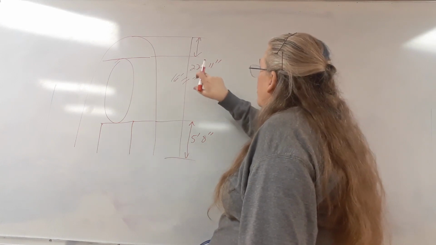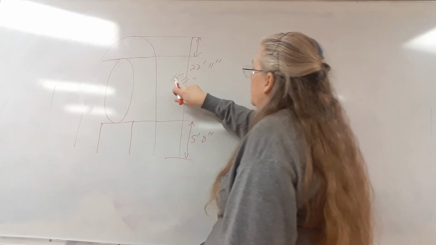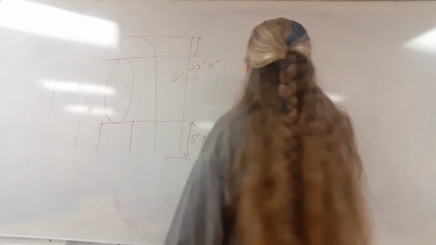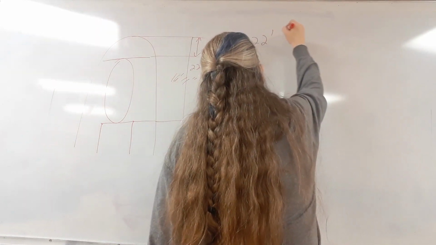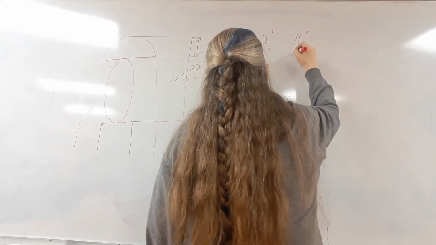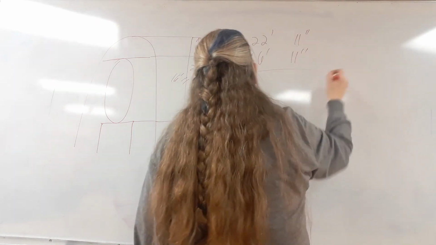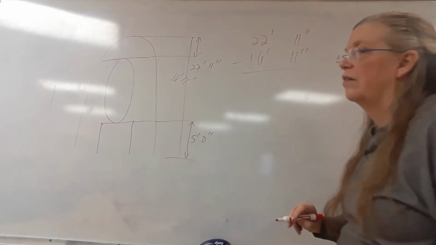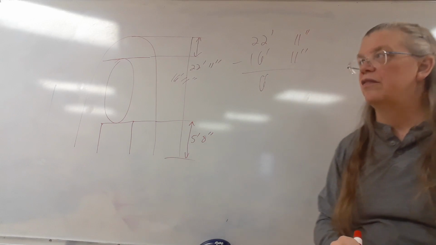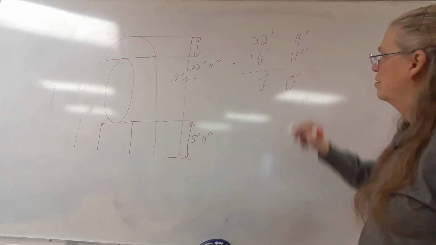Let's just subtract off the 16 first, simply because they both have 11 inches. So we have 22 feet 11 inches minus 16 feet 11 inches. That gives us an even 6 feet and no inches.